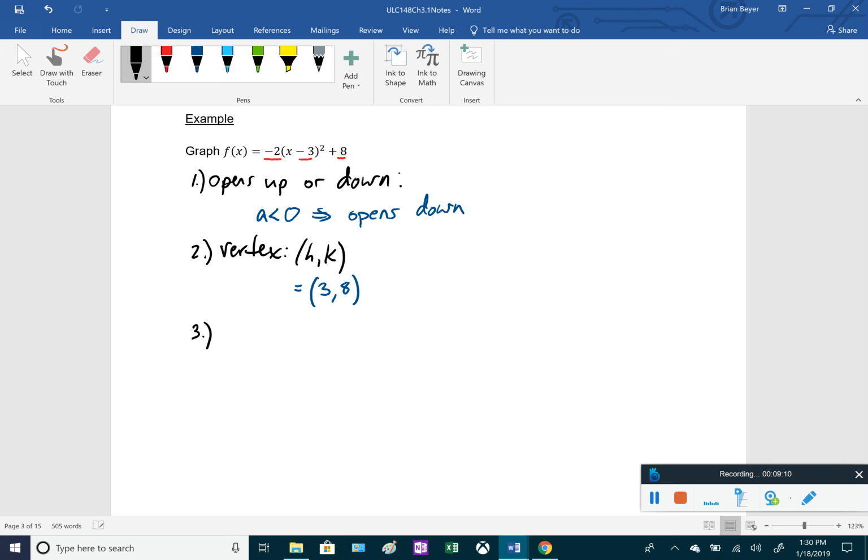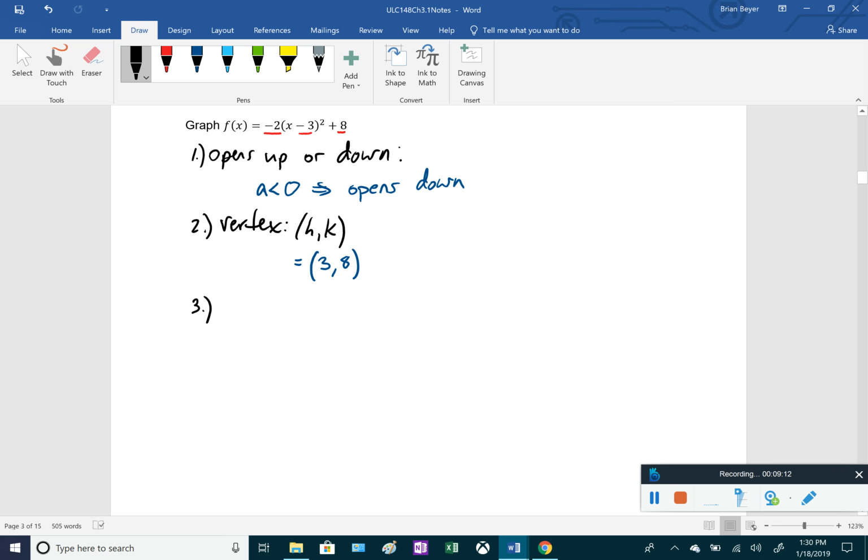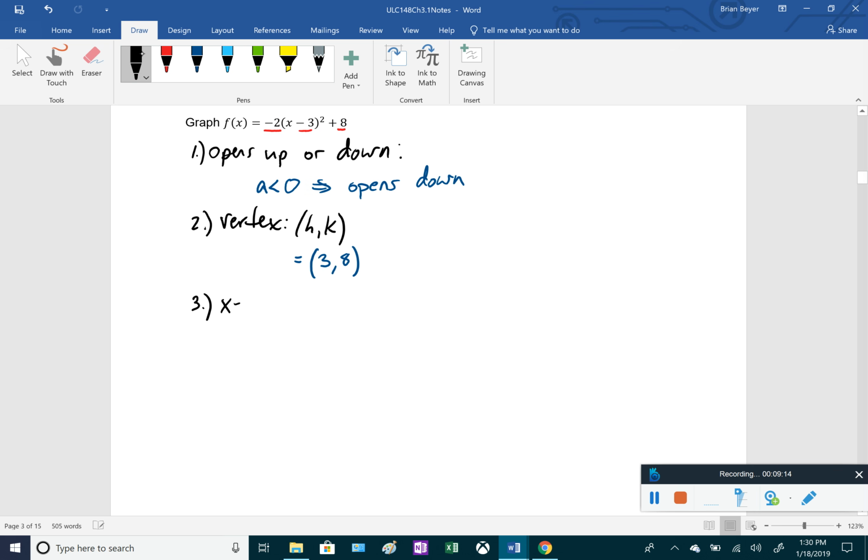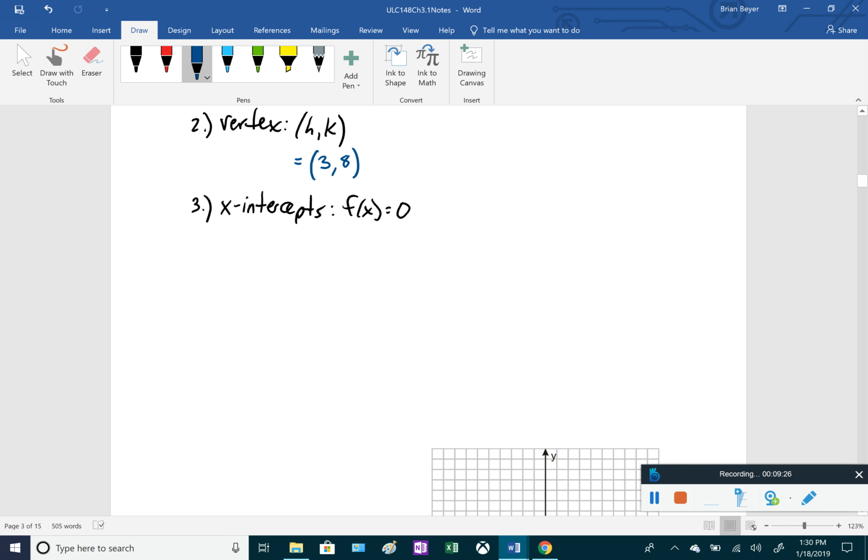Okay, and then the x-intercepts. This is going to be setting the function equal to 0. So we set f of x equal to 0. So that's negative 2 times x minus 3 squared plus 8 equals 0.